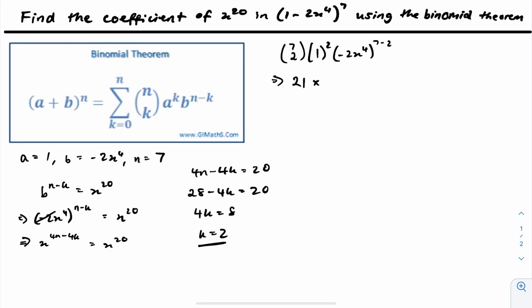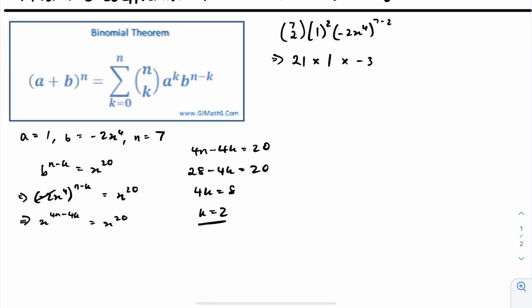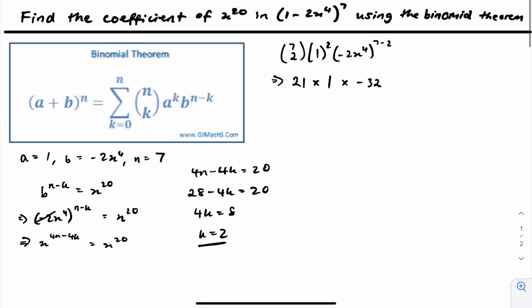So 21 times 1 squared, which is just 1, times, and we know 7 minus 2 is 5, so negative 2 to the power of 5 will give us negative 32. (x to the power of 4) to the power of 5 is x to the power of 20. If we do all that together, 21 times negative 32, times 1, gives us negative 672 times x to the power of 20.